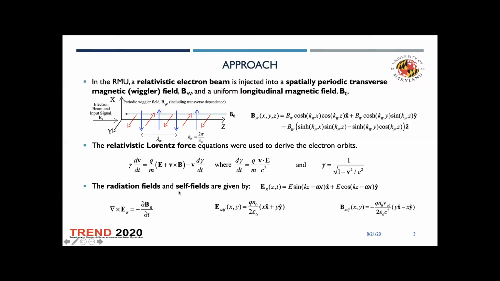The radiation field and the self fields are given by the following expressions. We have the radiation field here, which is a wave propagating in the Z direction with frequency omega and wave number k. We use Maxwell's equation, Faraday's law, to derive the magnetic field of the radiation. And then we use Maxwell's equations to find the E self and B self fields of the electron beam.